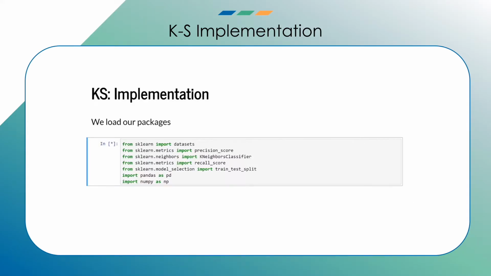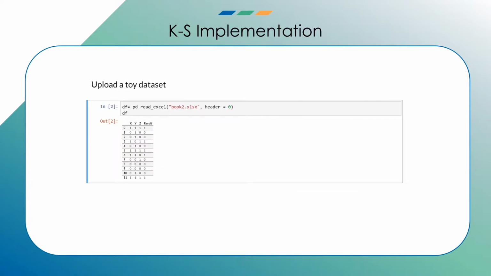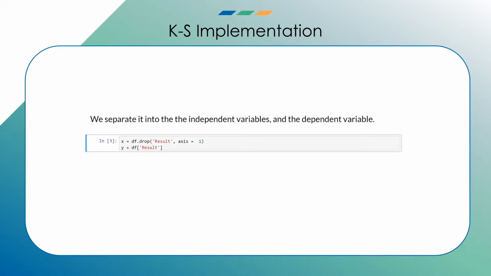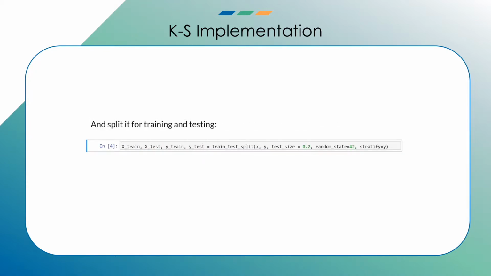In the following slides, we will be showing you an example of KS implementation. First, we load our necessary packages. Next, we upload a toy dataset into Python. Here, we separate it into the independent variables and the dependent variables. Next, we must split it for training and testing datasets.